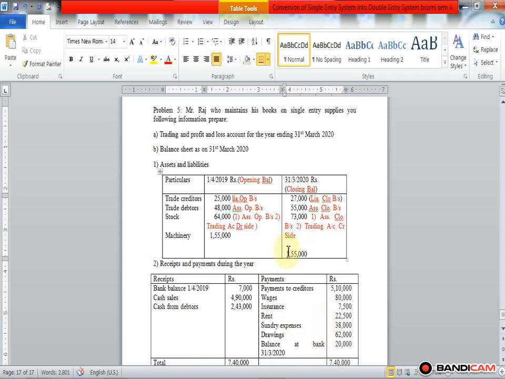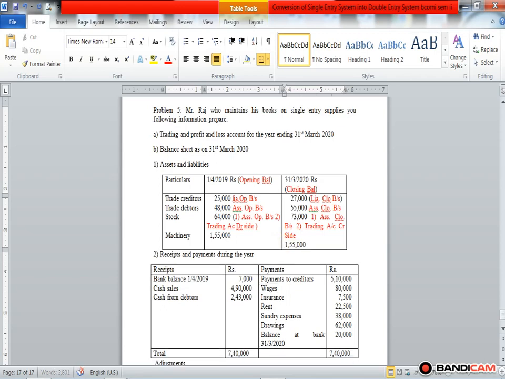Got it? Yes, sir, got it. So here, first of all we note down the items to be transferred to respective accounts, then we easily transfer these amounts or items to those respective accounts.